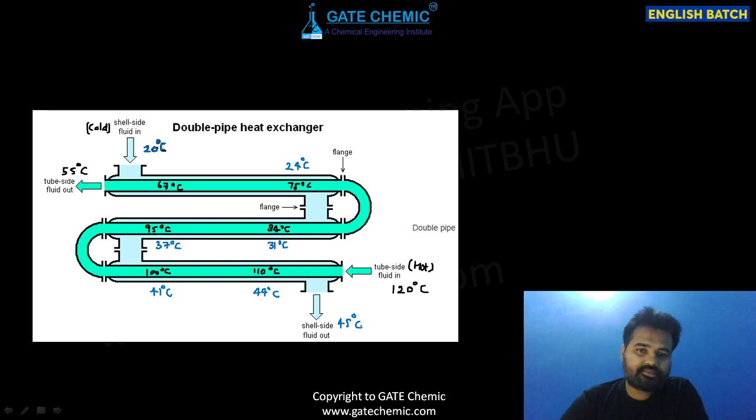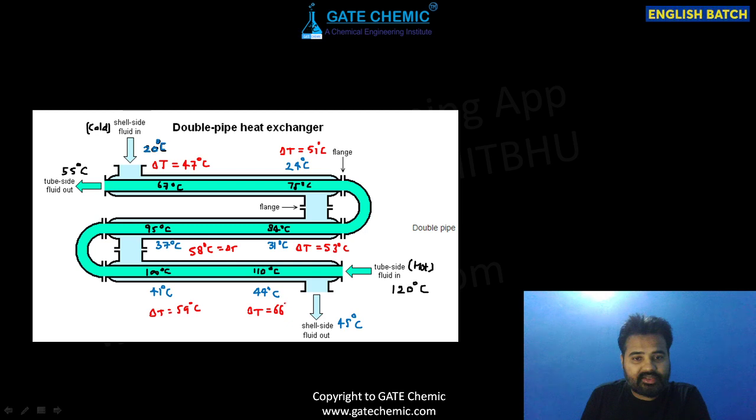Now just see here. At every location, I want to check my delta T. Here the delta T is 67 minus 20, which is 47 degrees Celsius. 75 minus 24: here our delta T is 51 degrees Celsius. 84 minus 31: here delta T is 53. 95 minus 37: here delta T is 58. 100 minus 41: here delta T is 59. 110 and 44: now our delta T is how much, beta?